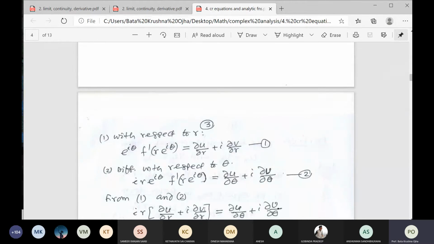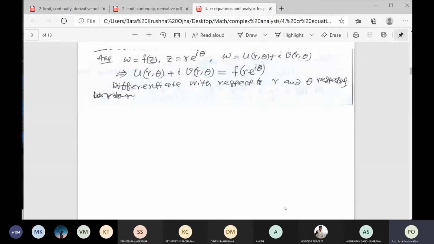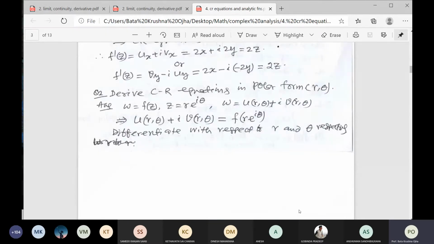With respect to theta, if you differentiate the original equation, you will find u_theta plus i v_theta is equal to f dash of r e to the i theta times i r e to the i theta.